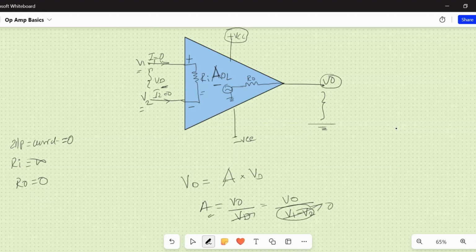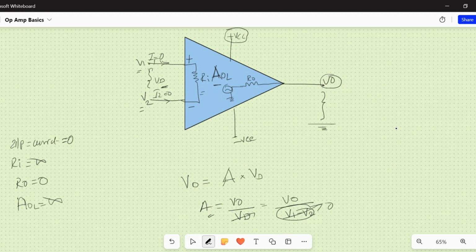So when V1 is equal to V2, the difference voltage becomes zero and the amplification becomes infinity. It will not happen in the real world. There is always a difference of voltage which it tries to amplify to the maximum extent. Since there is no feedback to this op-amp, I call it open loop gain, which is equal to infinity.